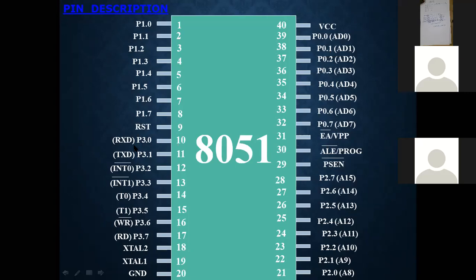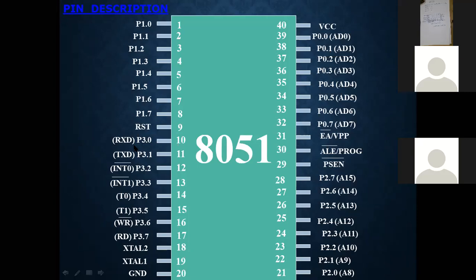Can you please repeat once? 11.0529 megahertz, sir. Not 29, that is 92. 11.0592. Okay. It's okay. This crystal frequency is to be given to pin number 18 and 19.